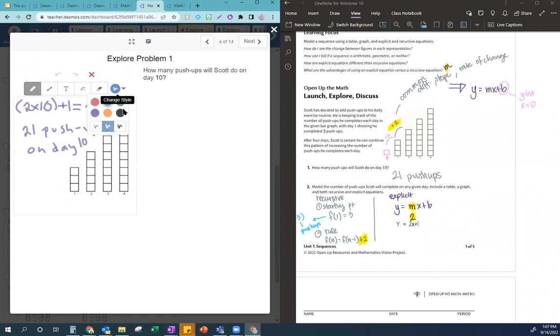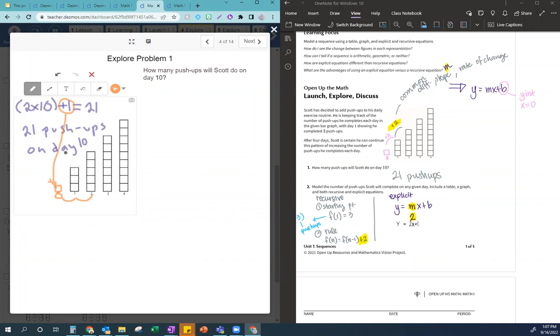If you think about the way Noah, I keep bringing it back to Noah because Noah was the one who first talked about it, if you think about going backwards, so if this is +2, then to get to day 0, how many push-ups is he doing on day 0? Well, if this is +2, go backwards to go here, and it's -2. So this would just be 1 push-up right here, right? So that's where this one is. This one right here is that one right there.